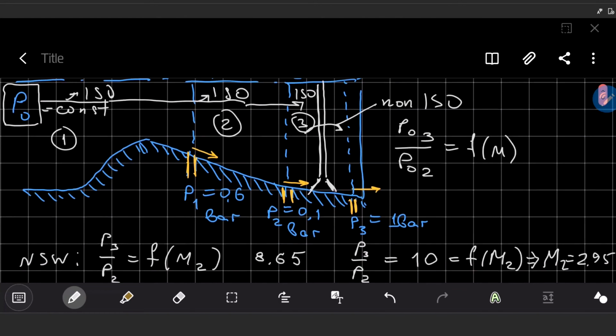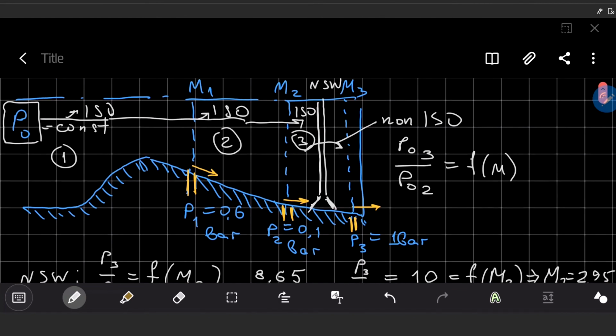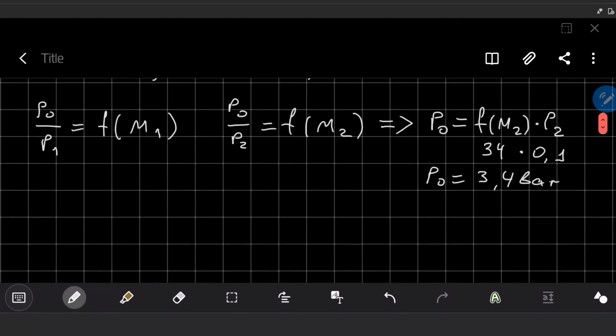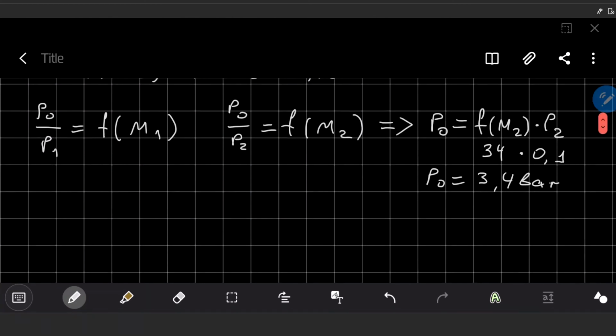Now, when I have calculated my stagnation pressure for these three regions, I can go back and calculate the Mach number. For this, I will need to know the pressure at point 1. I will write the same relation which I had from Appendix A, using the numbers.